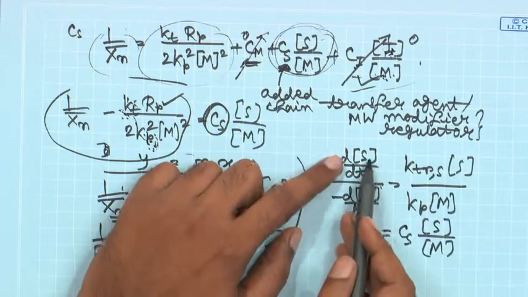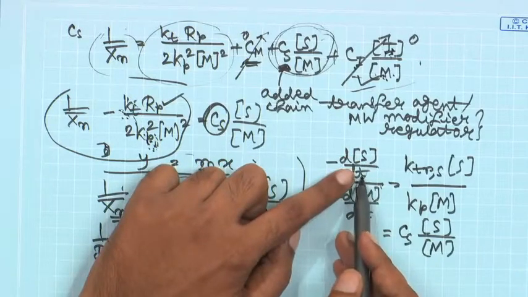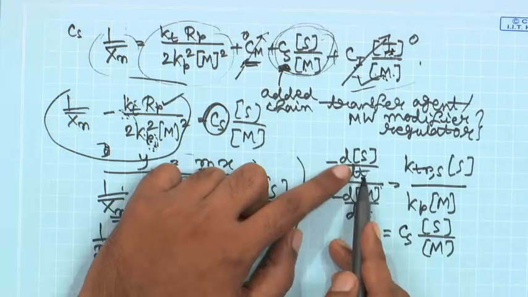So, what is this? This is the rate of disappearance of the chain transfer agent.